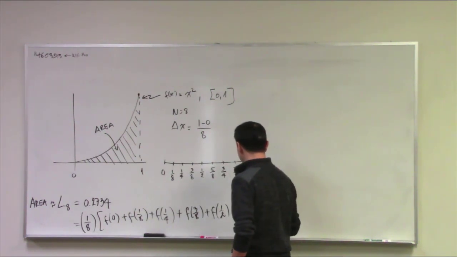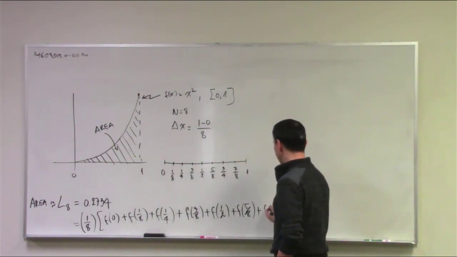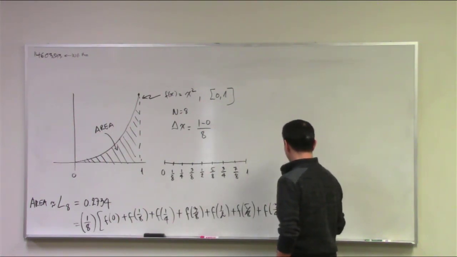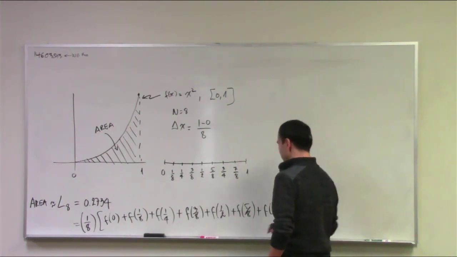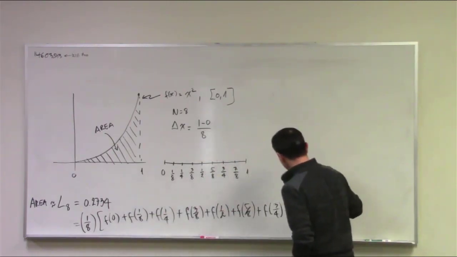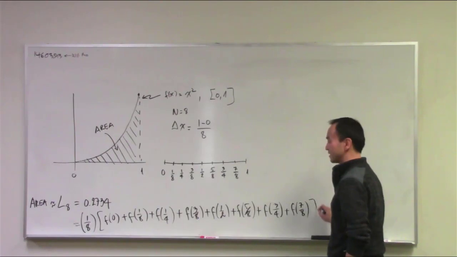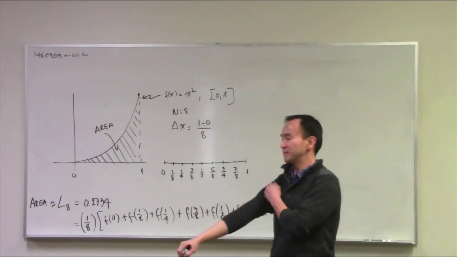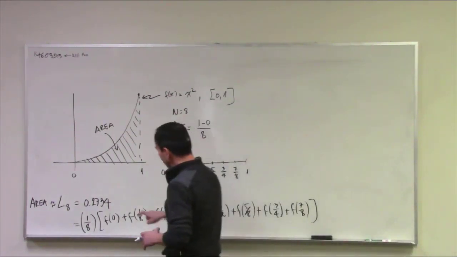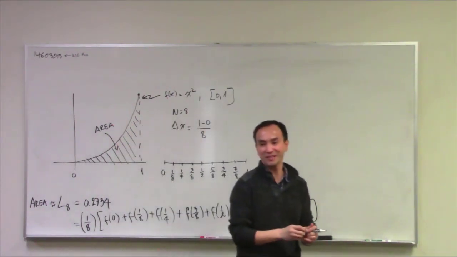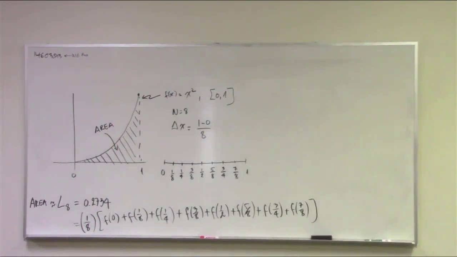Yes, I agree the work gets tedious at some point. Also the function value at 3/4, and the function value at 7/8. That's the answer. But is this the answer to our real area? No, it's still not the answer to the real area. So let me now do a graphical illustration for you on the screen.